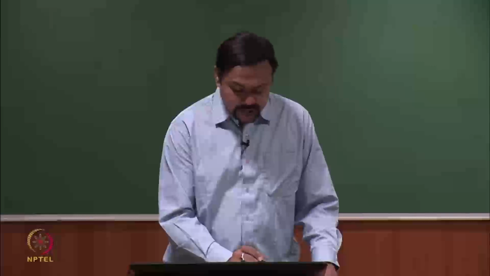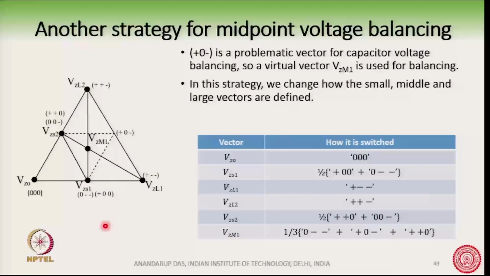So, this is how the Vzs1 vector is formed. Vzl1, this vector, is formed by switching plus minus minus. Vzl2 is formed by switching plus plus minus. Vzs2 is formed by switching half of plus plus 0, this one, and 0 0 minus, this one.